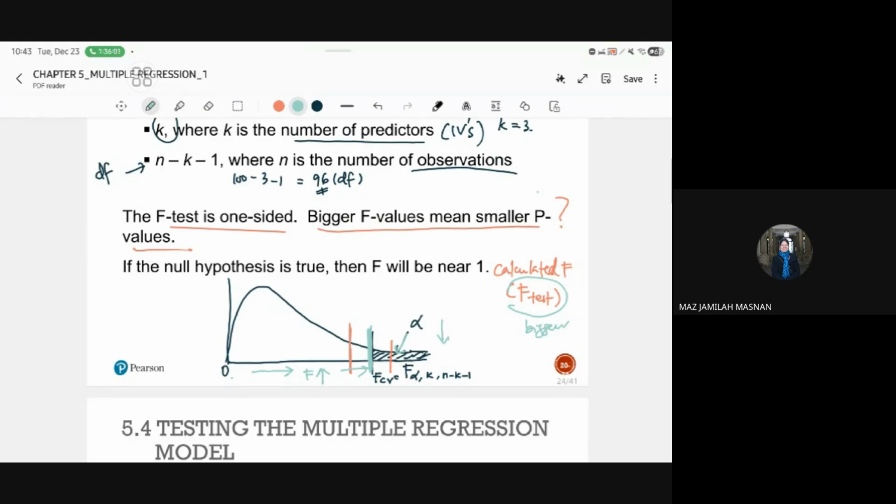Why? Because the P value is the area bounded by the F test. This is your P value. Where is my alpha?